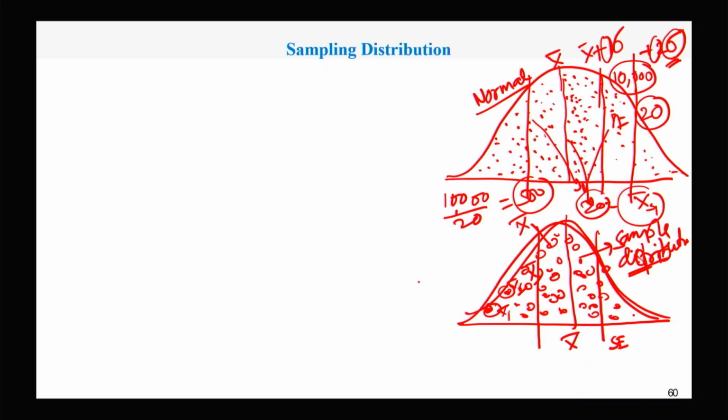So SEM is equivalent to standard error of mean. This standard deviation is used in the normal distribution, and standard error of mean is used because we have taken the mean. Here these are the mean values, so we use the term standard error.